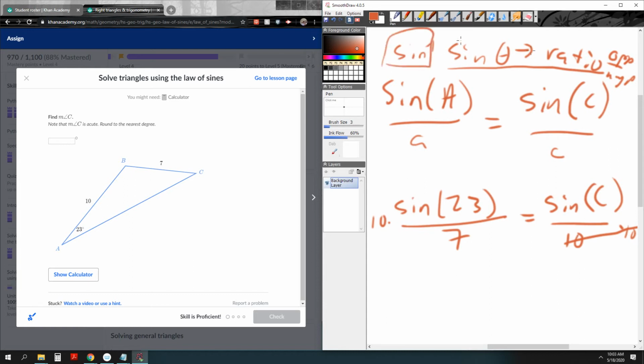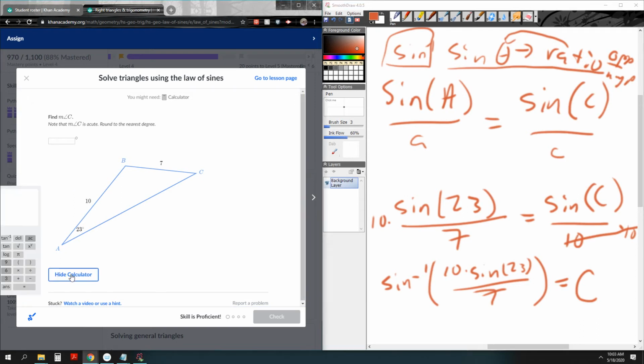This one goes the other way. It takes the ratio and turns it back into the angle. So we're just going to do sine inverse of this giant mess, right? 10 times the sine of 23 over 7, and that's going to give us our angle.